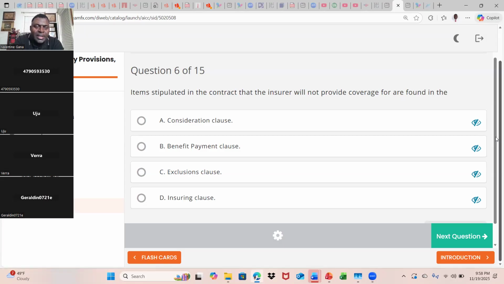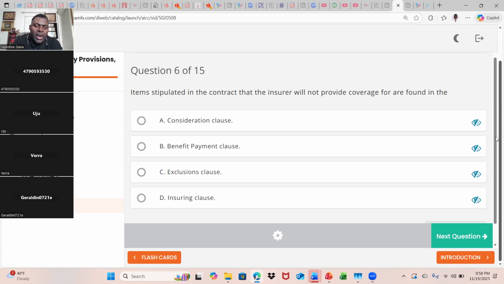So let's do elimination here. The items stipulated in the contract that the insurer will not provide coverage for are found in the: A, consideration clause. Is that describing what the consideration clause is? No, we kick that out. B, it says benefit payment clause.